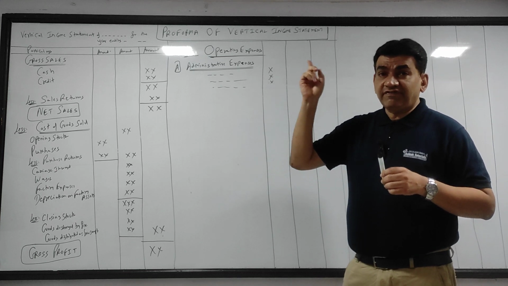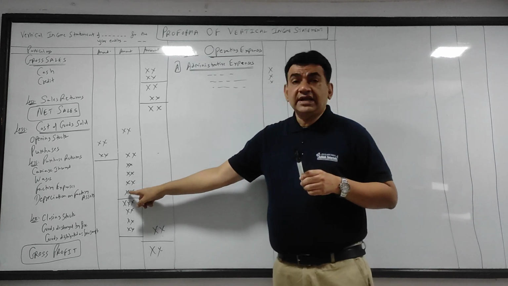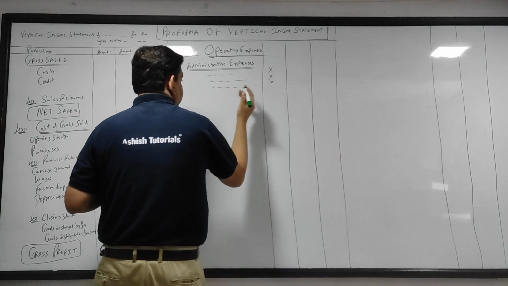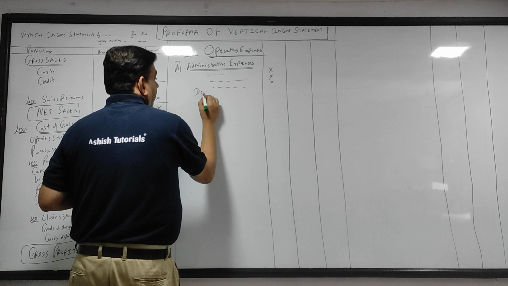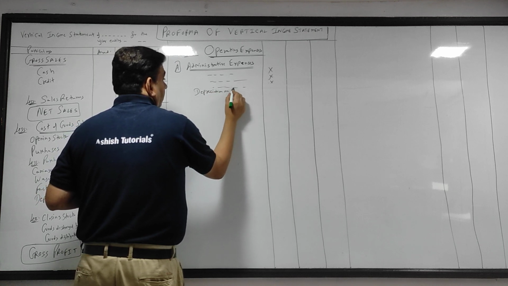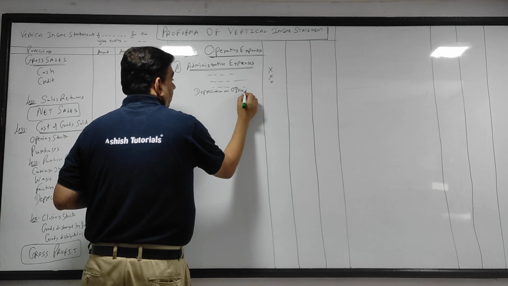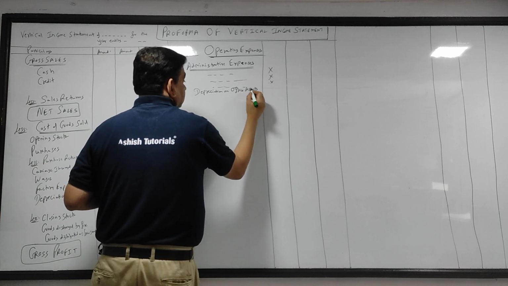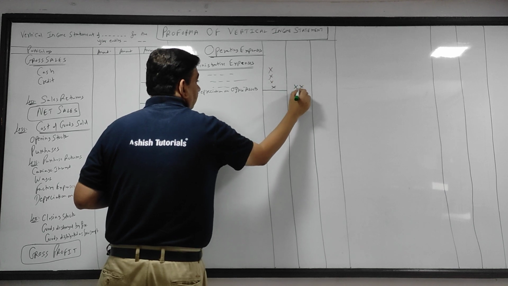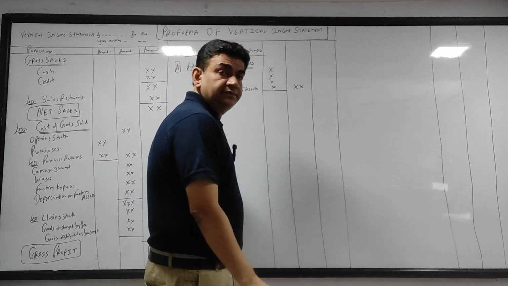Assets used in factory, their depreciation will be cost of goods sold. So what you will do, I'll just write this item: depreciation on office assets, etc. This total will come in the second column.